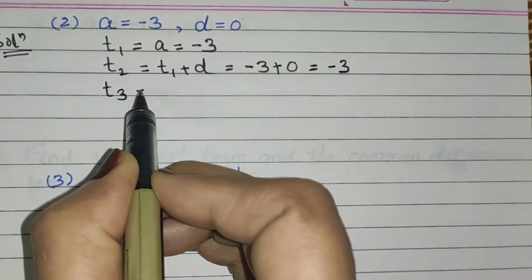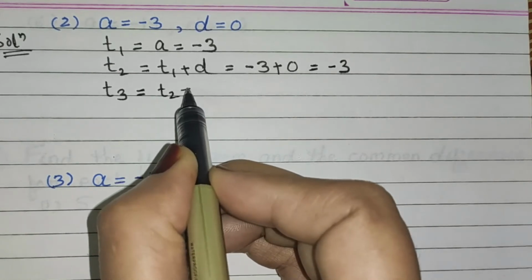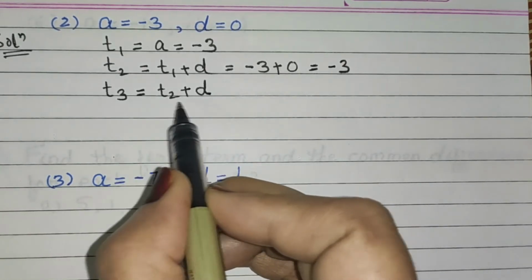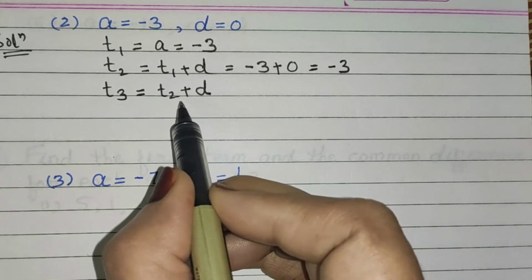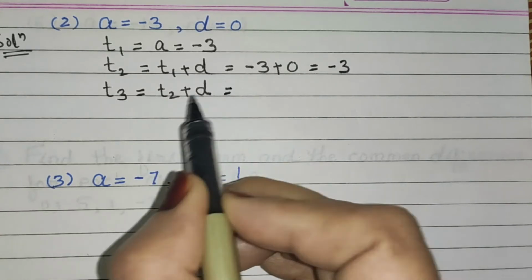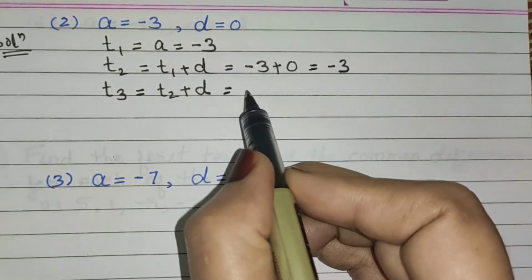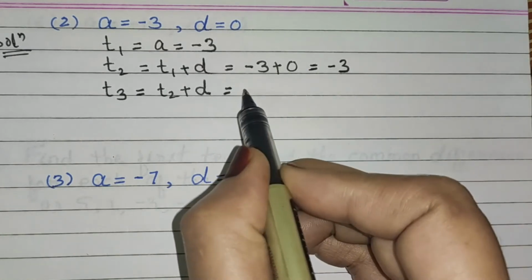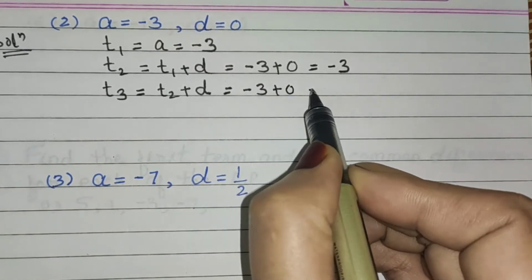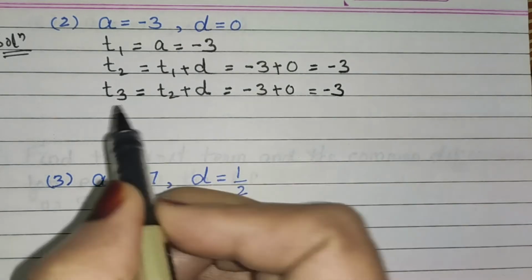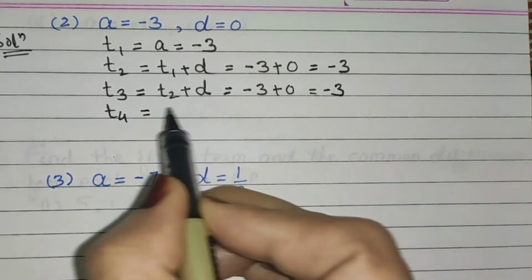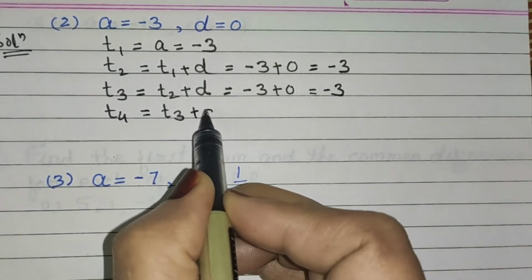Now T3 is equal to T2 plus d, or it can be written as A plus 2d. Therefore T2 plus d means minus 3 plus 0. We get here minus 3. T4 is equal to T3 plus d.